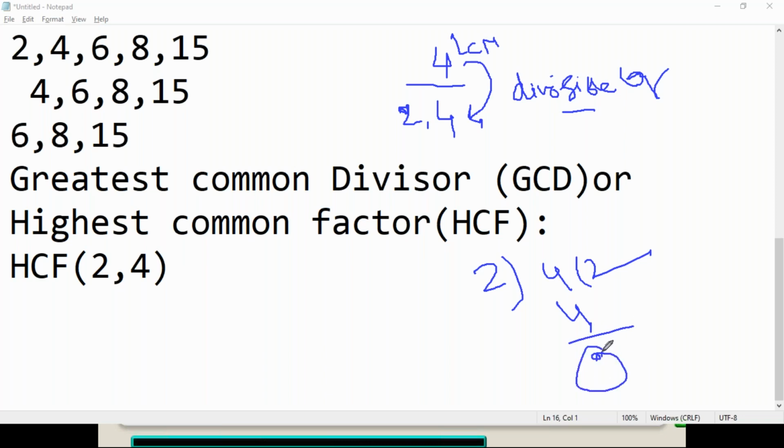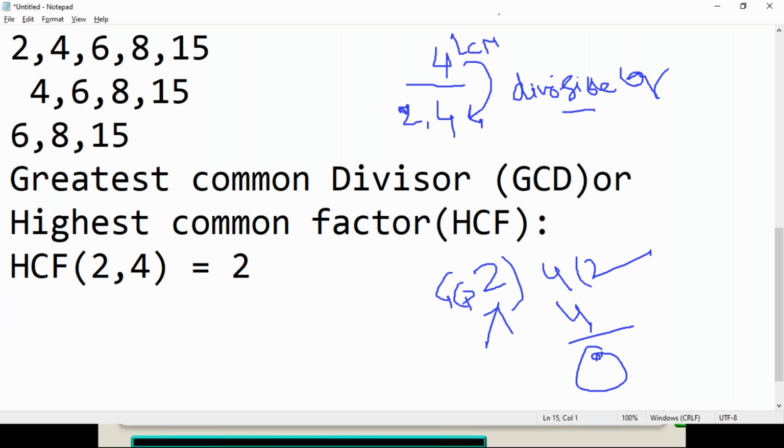Whenever the remainder is 0, the last divisor, 2, is the GCD or HCF. The HCF of 2, 4 is 2. Highest common factor.